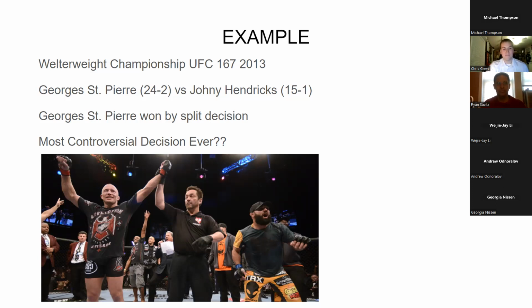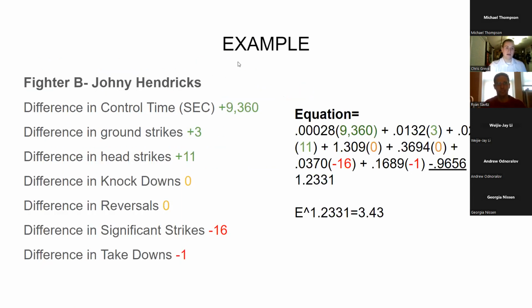So Georges St. Pierre ended up winning the fight, but people for years have said that this was rigged and that it was one of the worst judges' decisions ever. So we're going to look at how our model compared to that. And here are the stats on the left from the fight. Of the 7 variables we included, this is looking at it from Johnny Hendricks' perspective. He destroyed him in control time on the ground, had way more seconds on the ground.